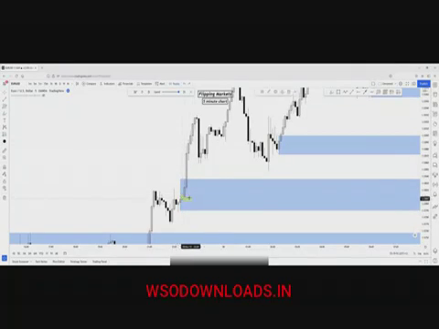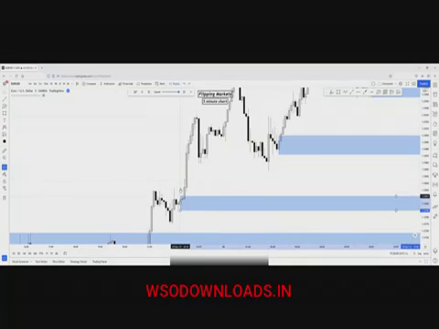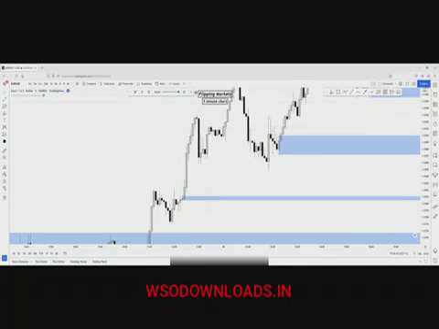So the inefficient push started from this candle, and the breakout structure and the liquidity sweep also started from this candle, because here's the double tap, here's the breakout structure. But if you don't want to use this small candle, you can just simply use the bigger candle like this, because the taps are almost equal and the inefficient push started from these taps. So if you don't want to use this small zone, you can just simply use the bigger one.